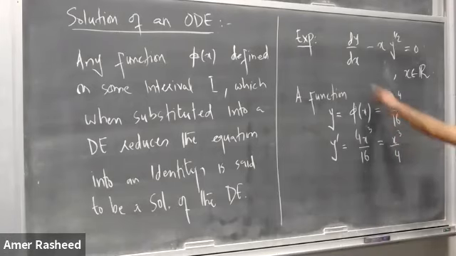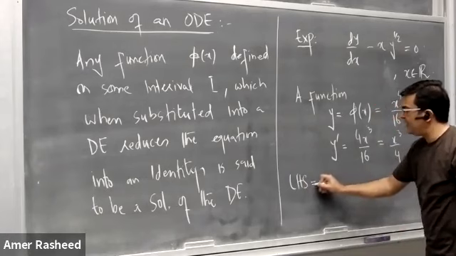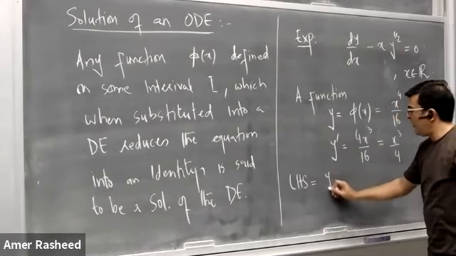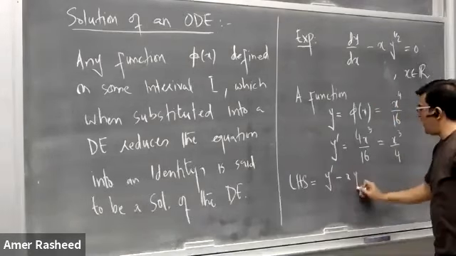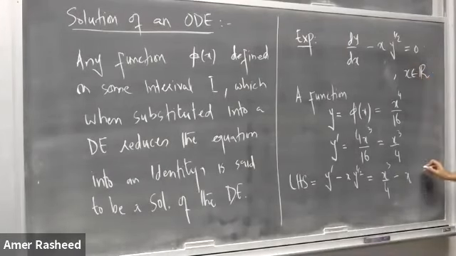Consider the left hand side, which is y dash minus x y power 1 by 2. So y dash is x cubed by 4 minus x times the square root of y. The square root of y is basically x square over 4, since you are taking its 1 by 2 power.